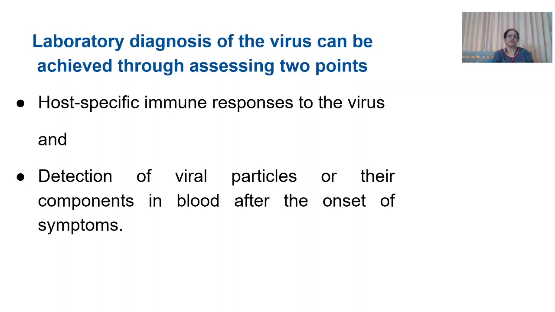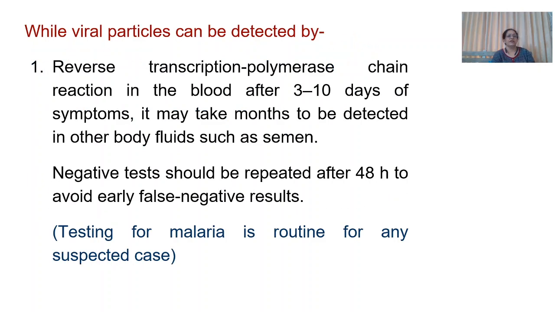Laboratory diagnosis of the virus can be achieved through assessing 2 points. Number one is host-specific immune responses to the virus, and second one is detection of viral particles or their components in blood after the onset of symptoms. So here, the viral particles can be detected by reverse transcription polymerase chain reaction, that is RT-PCR.